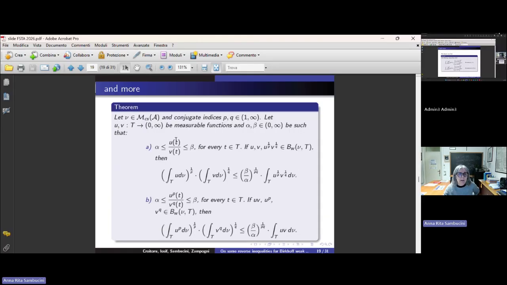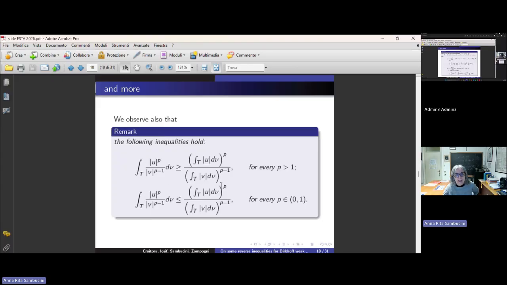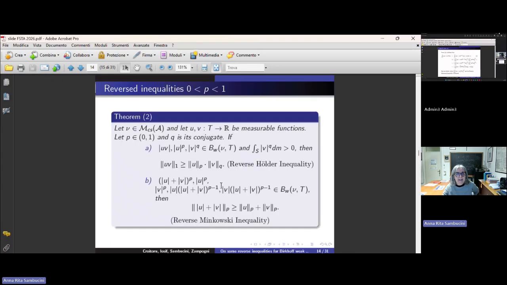Finally, for P greater than 1, and when the ratios U and V are bounded, we obtain sharper estimates of the integral of the product and the product of the integrals in such a way. I come back a moment. As I said before, the functions for us are measurable.